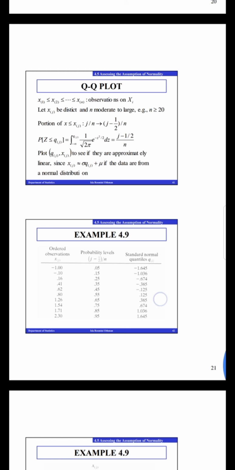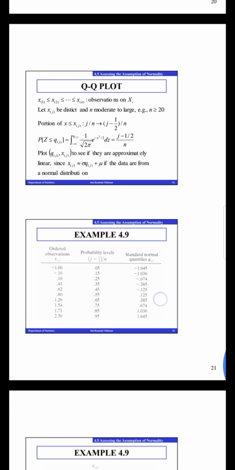Sama juga the sampling distribution of X bar and S, which is the sample mean dan juga sample variance covariance. You need to hafal lah, remember the theorem about the normal dan juga chi-square distribution.